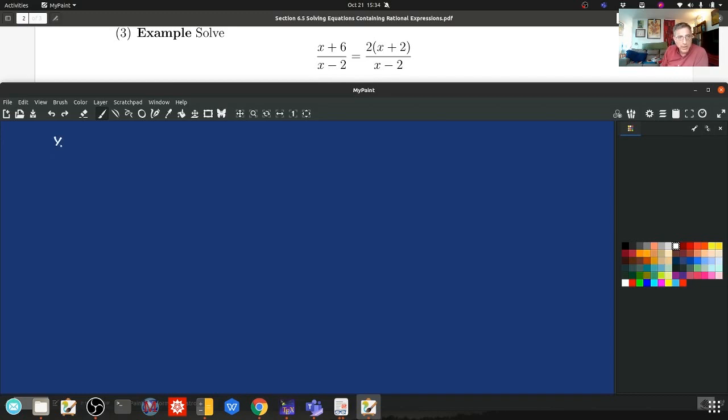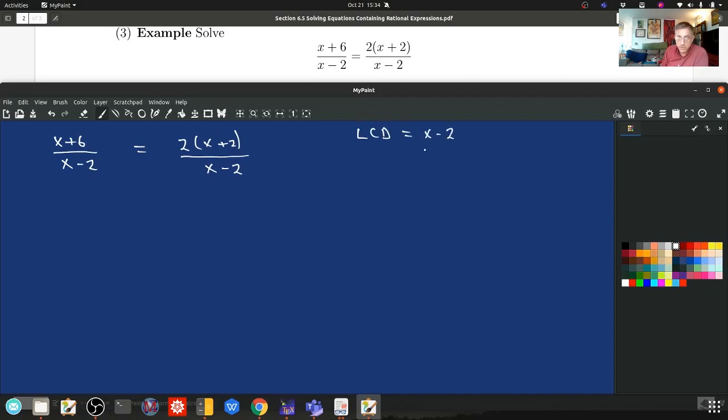So we have x plus 6, because the denominators are the same, over x minus 2 is equal to 2 times x plus 2 over x minus 2. So I'll note that the LCD is equal to x minus 2.